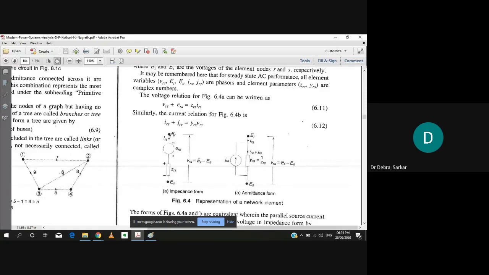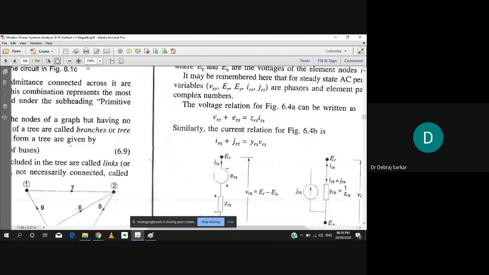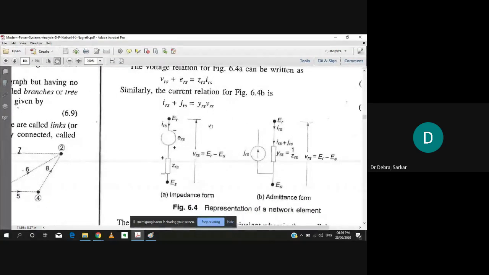Now, if these elements are being structured like this, I hope all of you can see whatever is written here. Anyone? I'll just zoom it a bit.